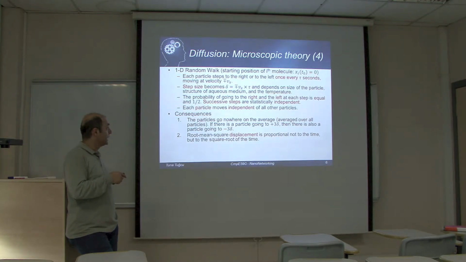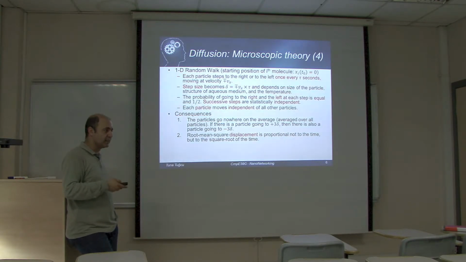You would be moving at some speed Vx, either in the plus or the minus direction. Remember, we're talking about the 1D case. So the step size itself, the length of the step, is the speed times the time, which is tau. From now on, we'll be talking about this step size as delta.